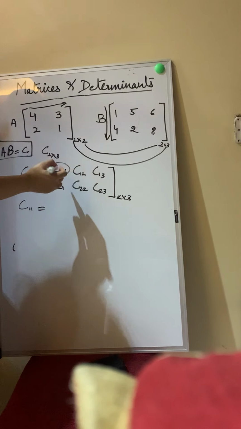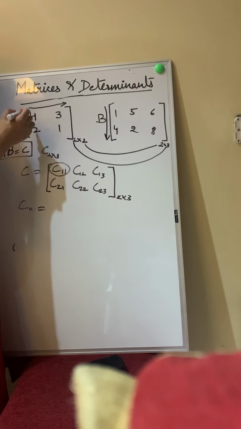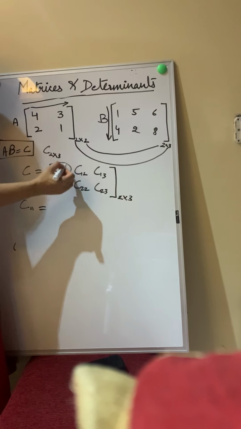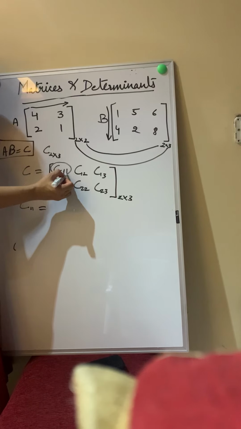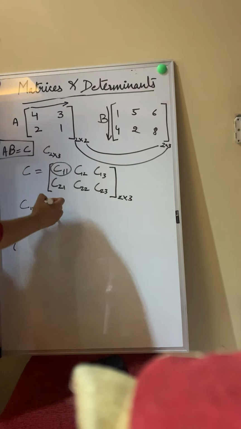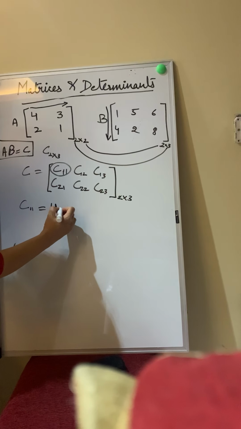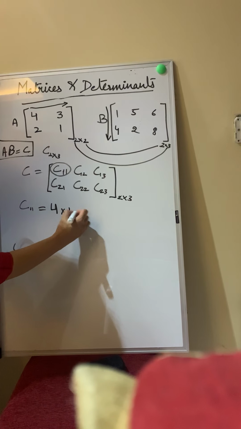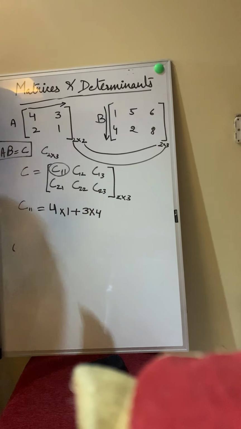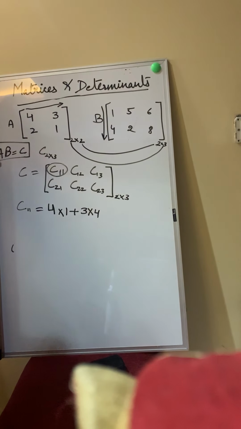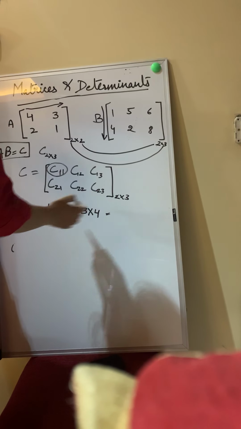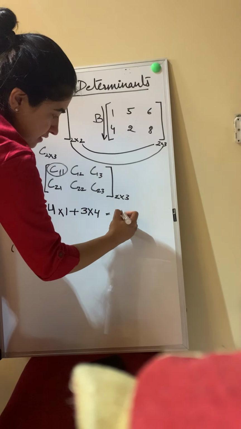Getting my point? To calculate the value of C11, I am taking the first row, and for the first column, I am taking the first column of B. So the value is 4 into 1 plus 3 into 4. This is the value of C11. The result is 4, 4 3s are 12, 12 plus 4, 16.